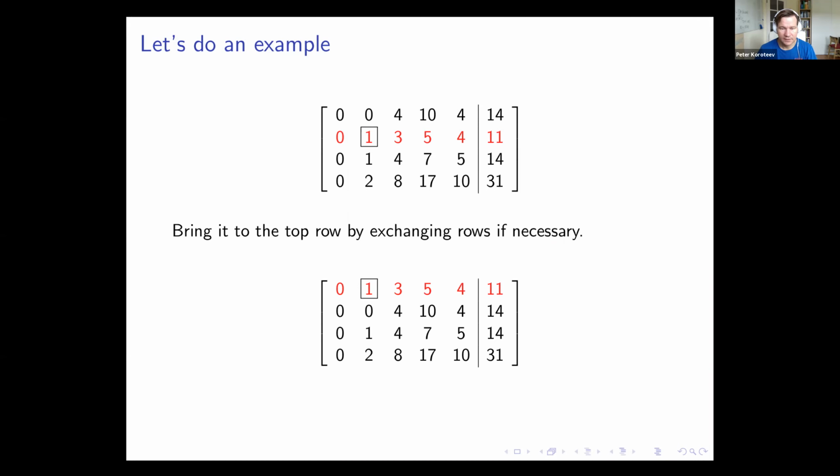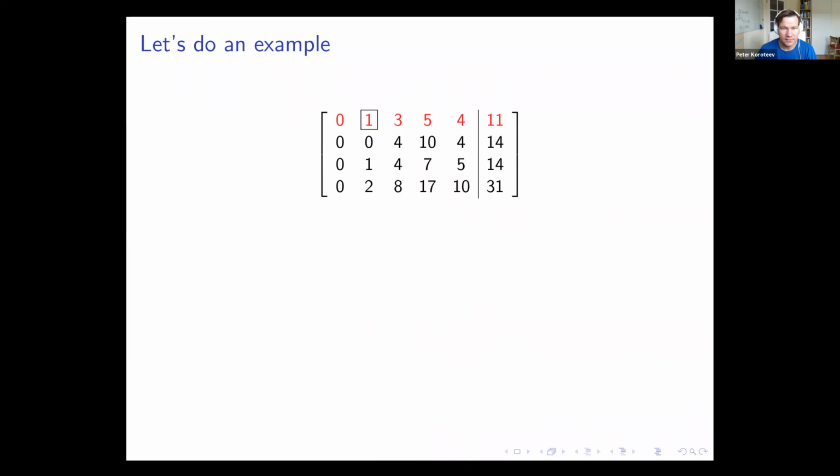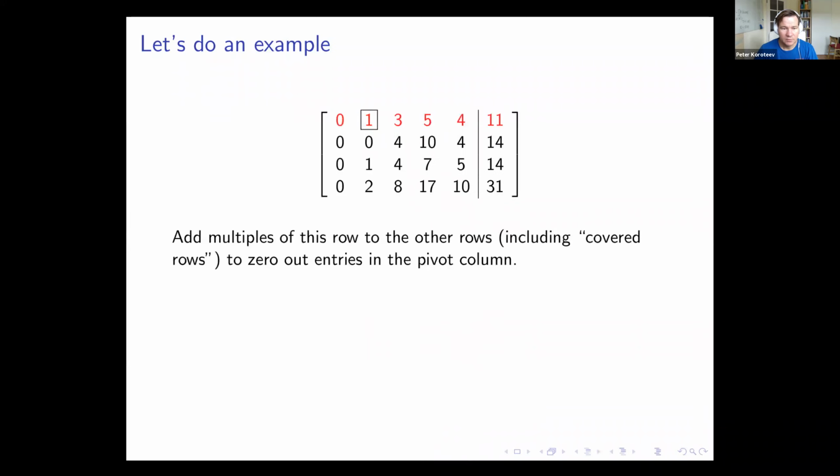So this entry is now set to be in a pivot position. This is our pivot, the first non-zero entry in this row. Here we go. And we add multiples of this row to other rows, including covered rows, though here there are none.